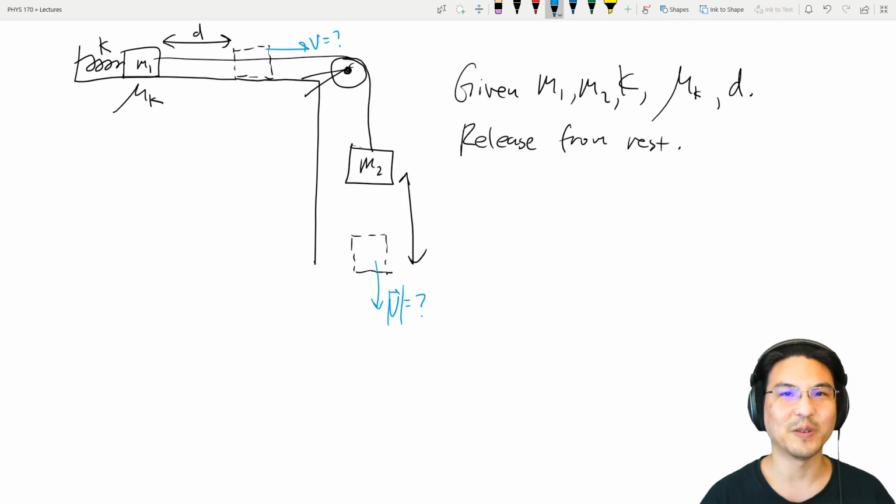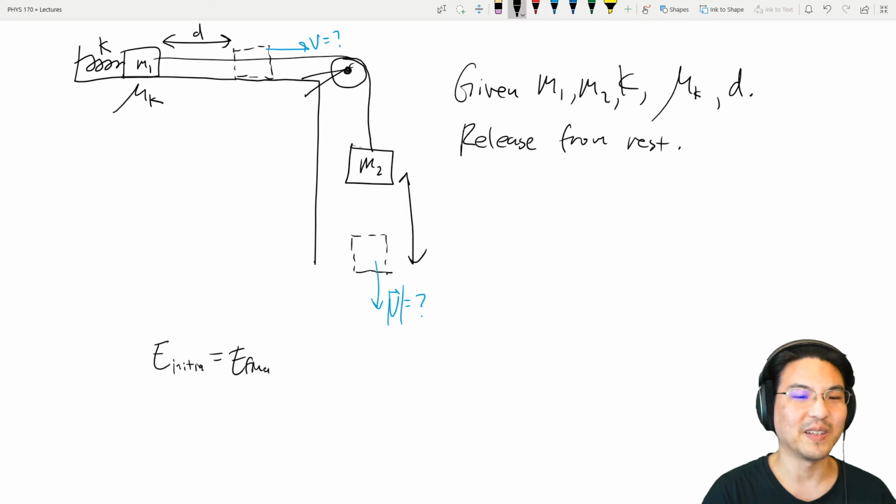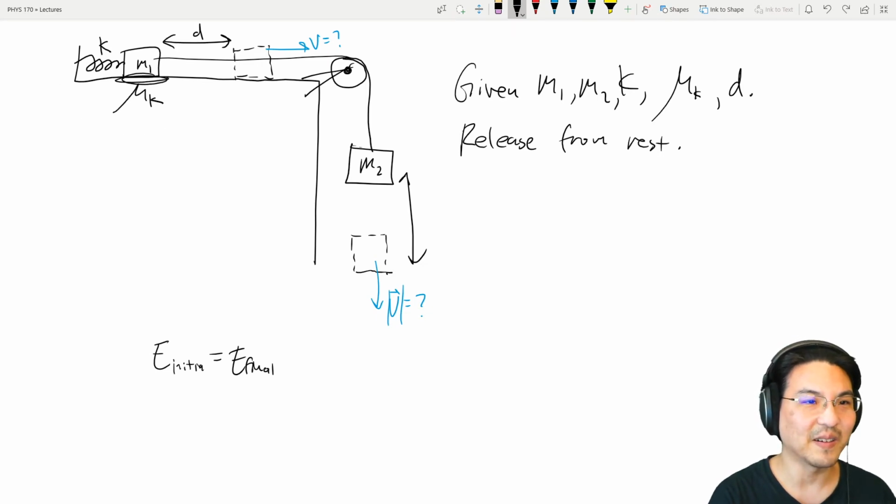All right, let's try the whole energy method. So this is not true, right? Initial is not equal to final because there's friction right here.